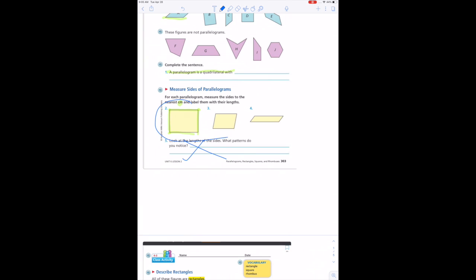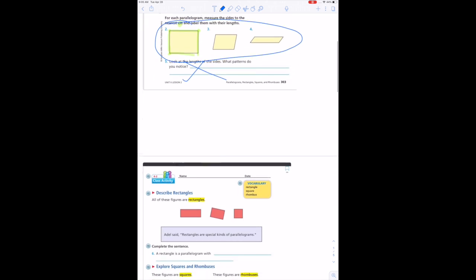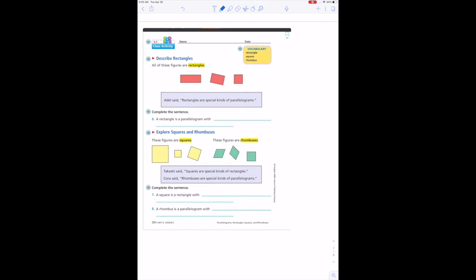I want you to practice measuring these ones so that we can use that in the future, okay? We're going to talk about area and perimeter coming up again. So I want you to practice measuring those sides. Go ahead and pause the video, and when you're done measuring the sides, then I want you to come back, okay? All right, go ahead and get them measured. Give you a second.